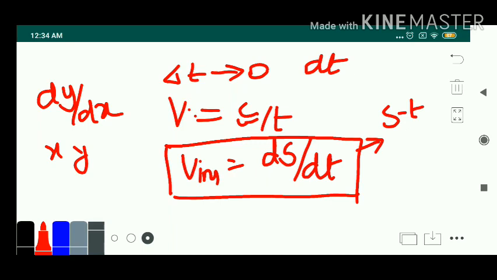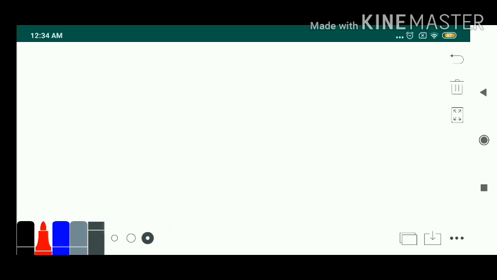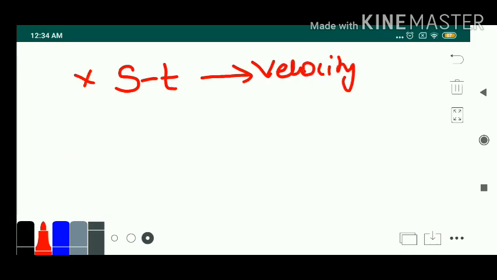Just replace the words. dy by dx gives you the slope of the xy graph, so ds by dt gives you the slope of the st graph. And what is ds by dt? That is your velocity. This is a very important thing, guys. The slope of the st graph, that is the displacement-time graph, gives you velocity.